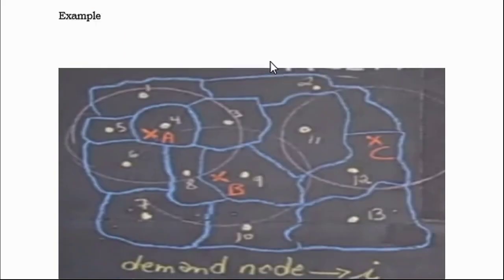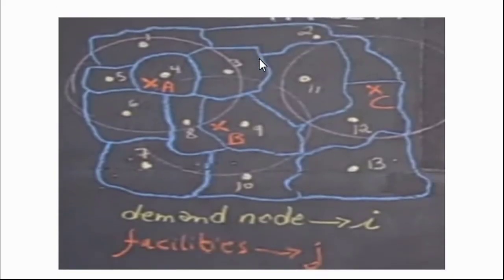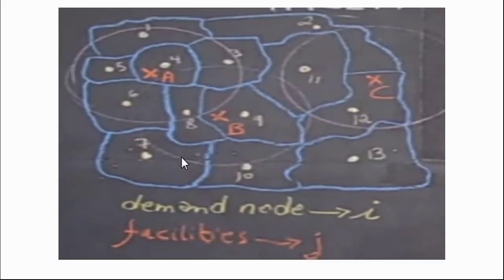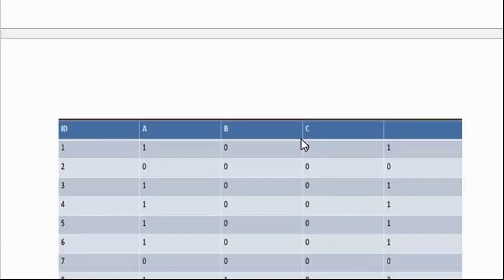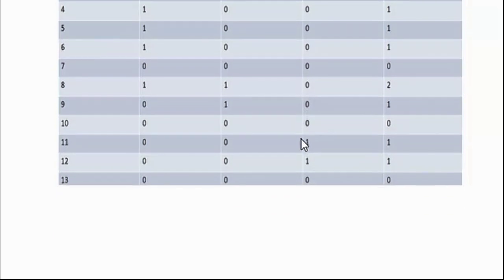So we have our example here, our illustration. We have the demand nodes I and the facilities, and this is our table.